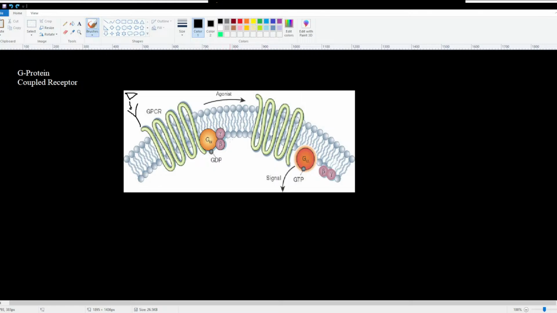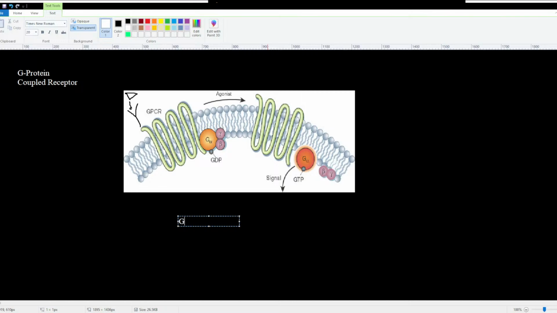So that's really the only thing that Dr. Howe wants to emphasize for the GPCR, right? Here's how I can remember. GDP: G protein is deactivated, right?